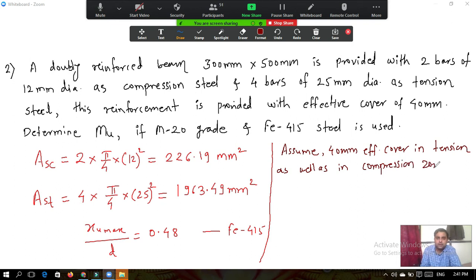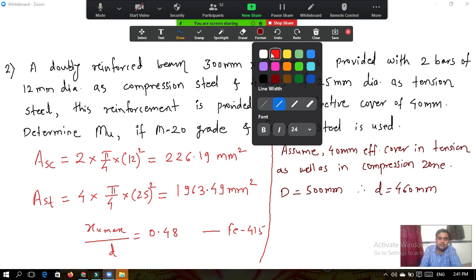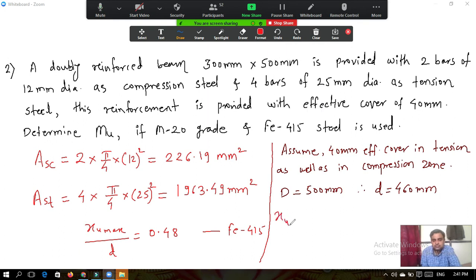If I assume the 40 mm cover, capital D is 500 mm overall depth. Therefore small d is equal to 500 minus 40, so it becomes 460 mm. So just put the value over here and calculate XU max. XU max is equal to 220.8. So this is the value of XU max.